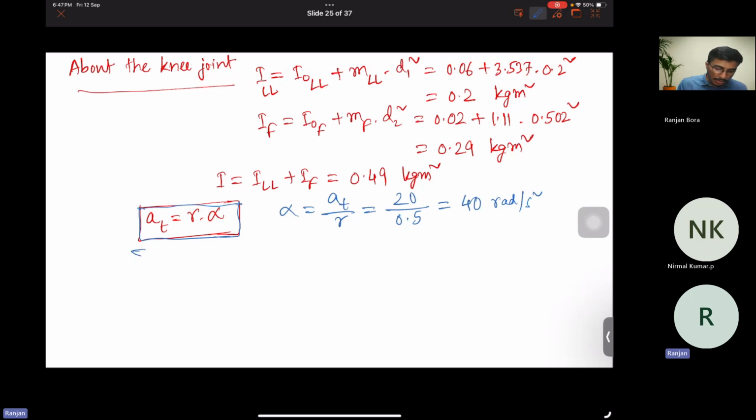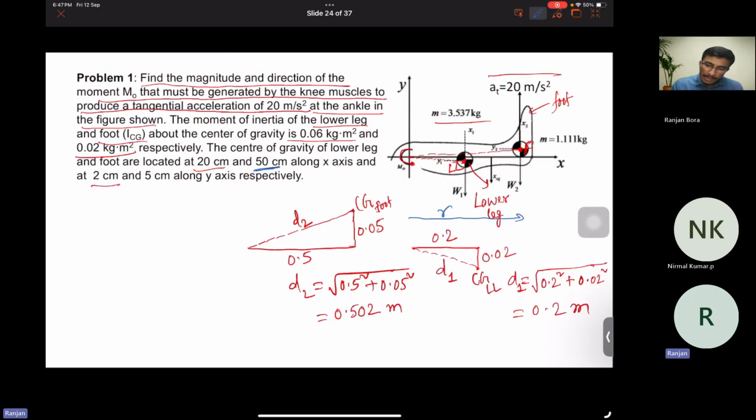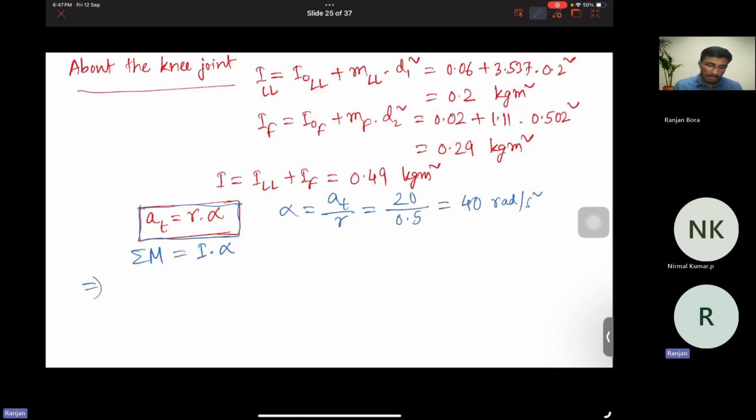Now we will use the equation summation M equal to I dot alpha. So what will be the summation M? We'll take the anti-clockwise direction as positive. M naught is given in the anti-clockwise direction, so we'll write M naught.